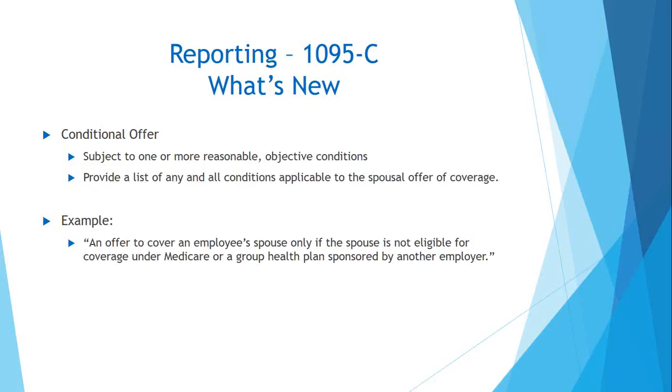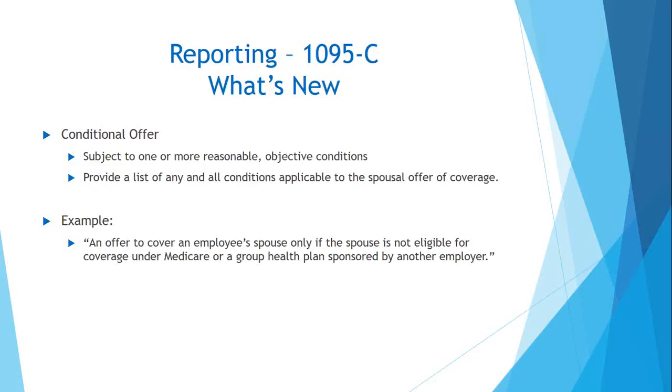The only example the IRS has given as to what a reasonable objective condition is, is an offer to cover an employee spouse only if the spouse is not eligible for coverage under Medicare or a group health plan sponsored by another employer. Where I've really seen this in real world practice is that the employer covers 100% of, let's say, employees and their dependent children.